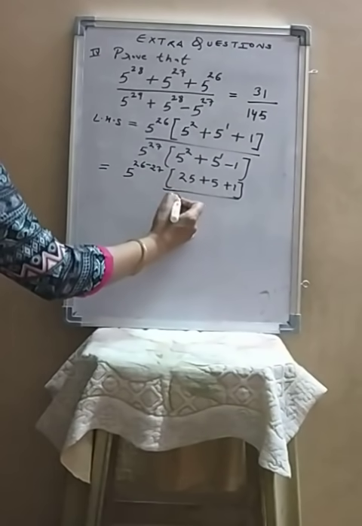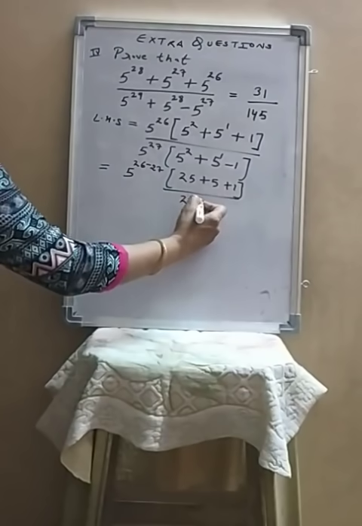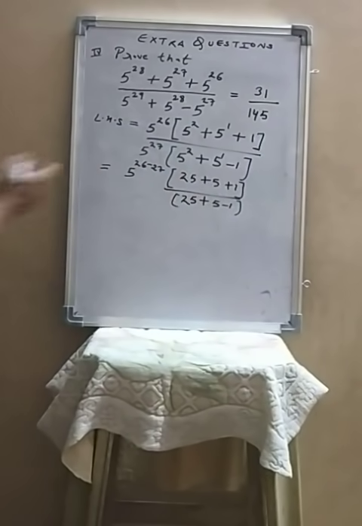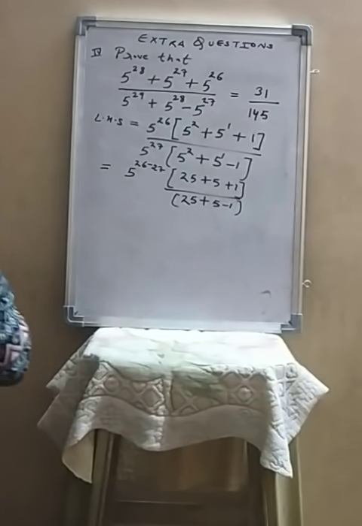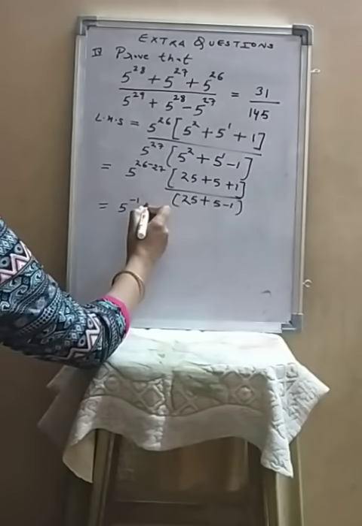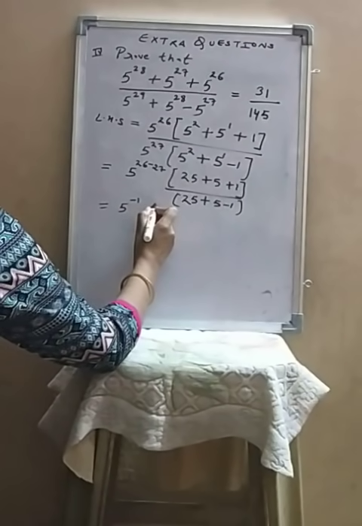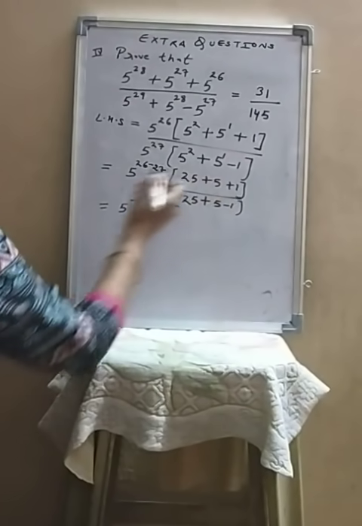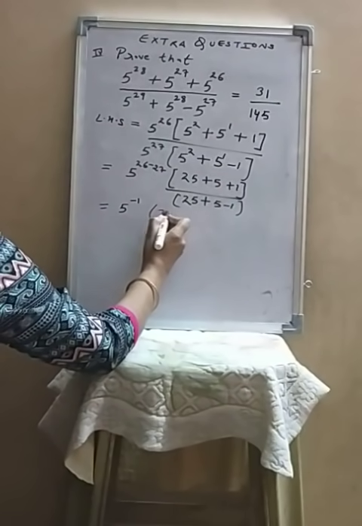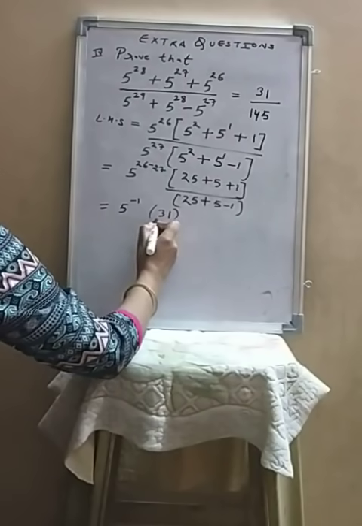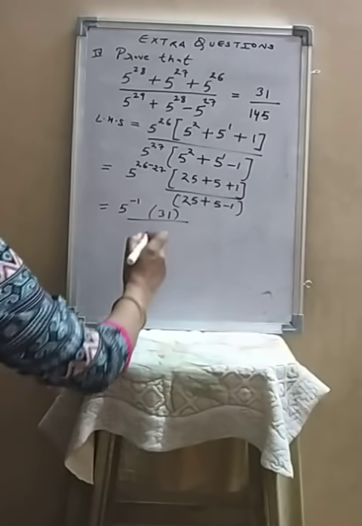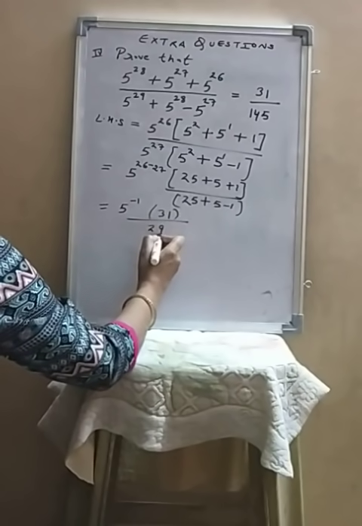So I am left with 25 plus 5 minus 1. Now here I am left with 5 raised to the power minus 1. And in this bracket we have to add all these terms. 25 plus 5 is 30 and 30 plus 1 is 31. And in the denominator we have 30 minus 1, that is 29.